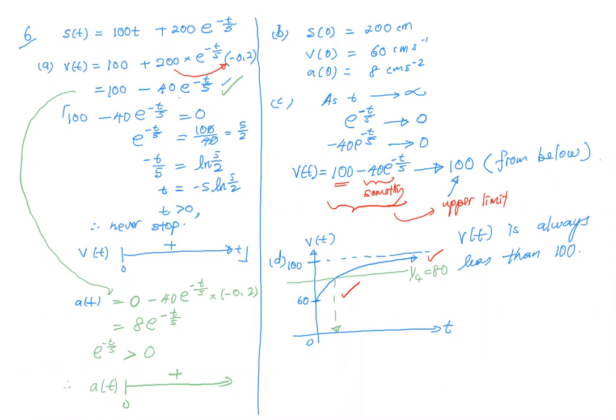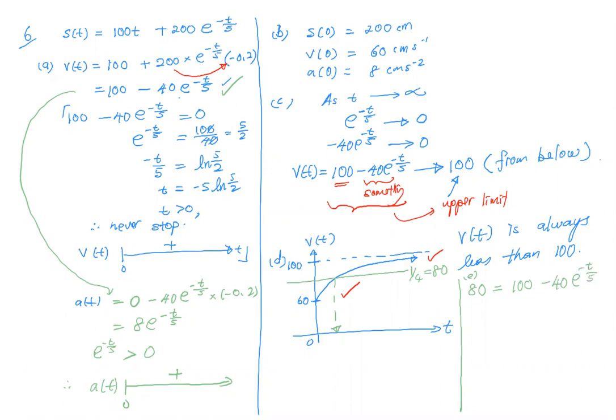Or I can solve algebraically by letting the velocity equal to 80, equal to 100 minus 40 e to the power negative t over 5.